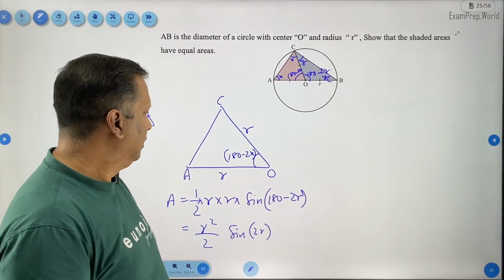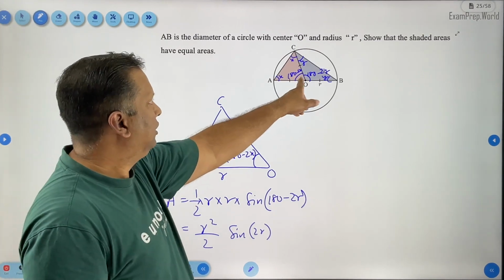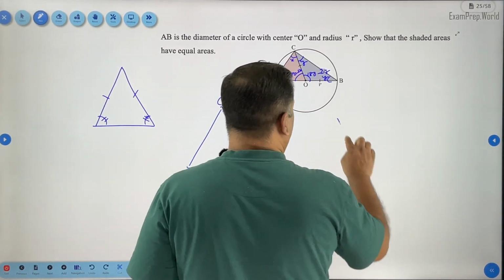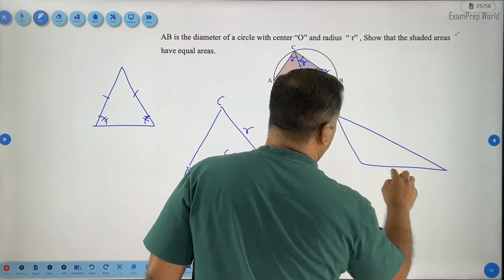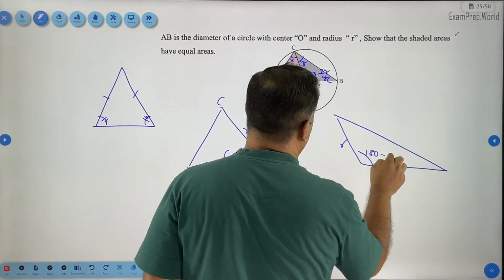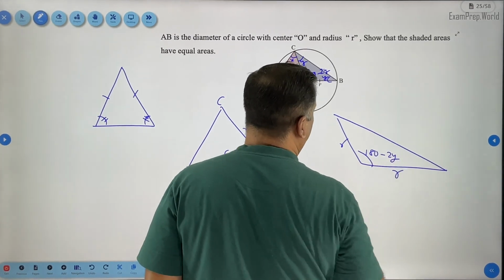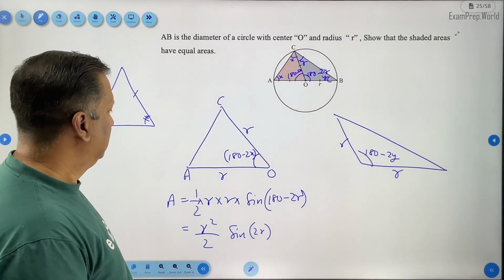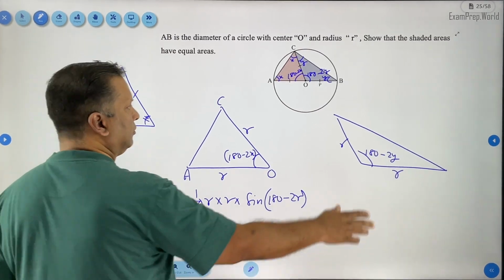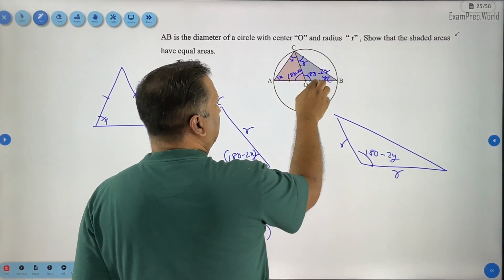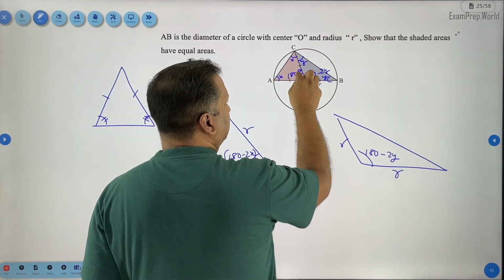Okay. Now let us look at this part. Now we have a triangle here. This is also r and this is 180 minus 2y. Okay. Right? Before I proceed there, I will try to give you a relation. See, look at this complete angle, this whole angle.